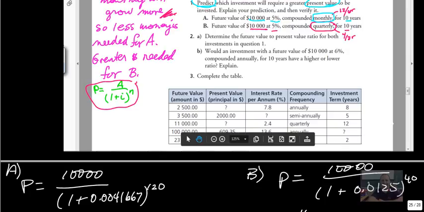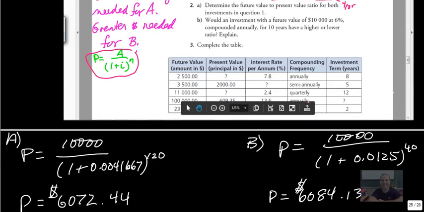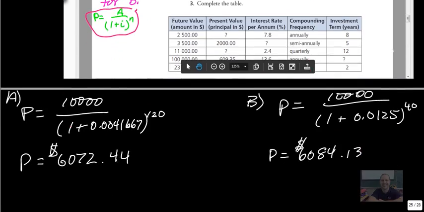That's the i value that goes in here. If we work those out and find present value, we see that for A we need $6,072, and for B we need $6,084. So our prediction is confirmed from the first part. We actually need more money to put in because this one grows quicker and grows more over the same time.